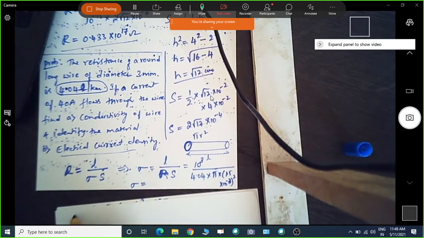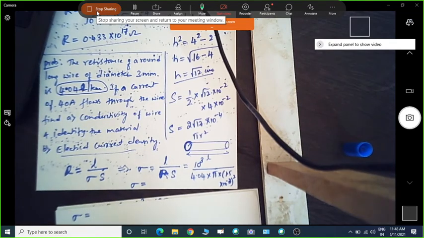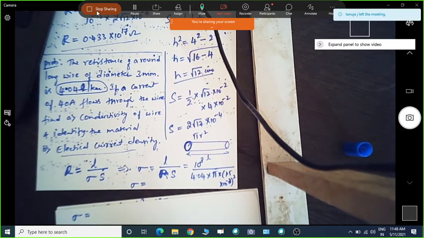Find out the sigma value. Anybody got it? What is the sigma value?